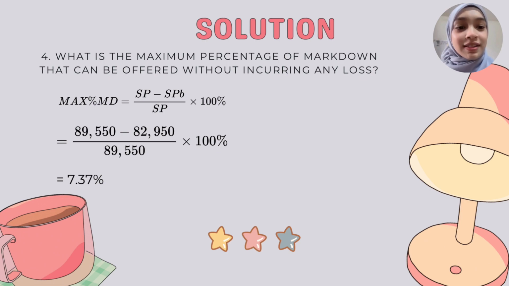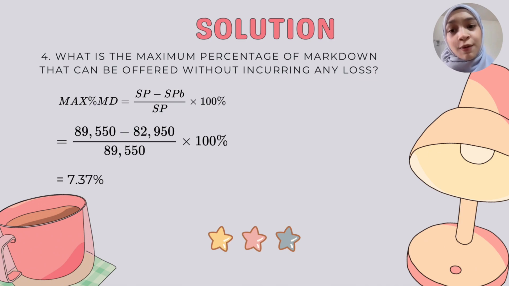The last question asks us, what is the maximum percentage of markdown that can be offered without incurring any loss? So the question asks us to find the maximum percentage markdown. We already gave you the formula, and the formula is SP minus SPB divided by SP and multiplied by 100%.